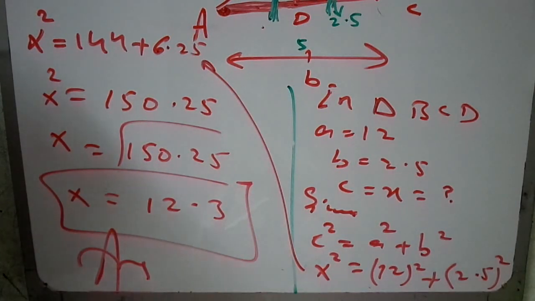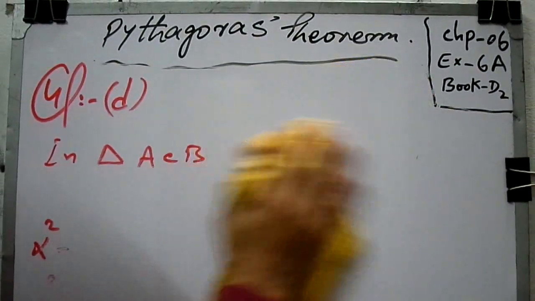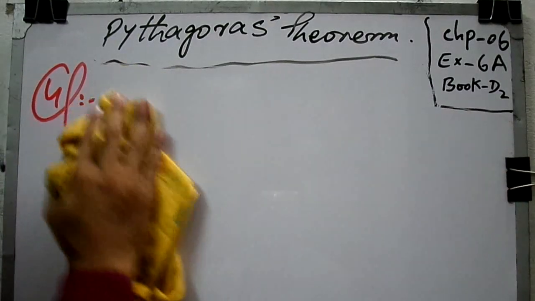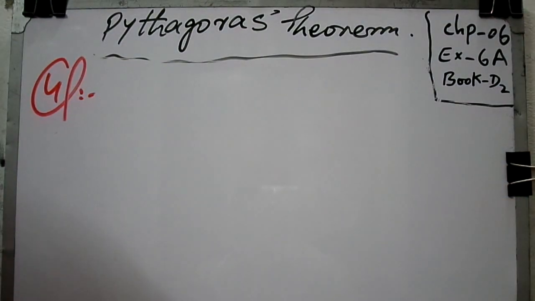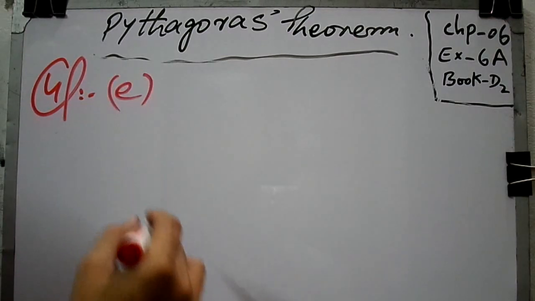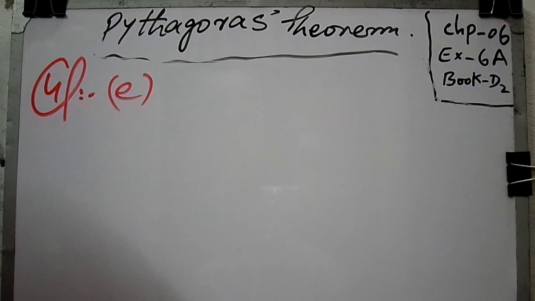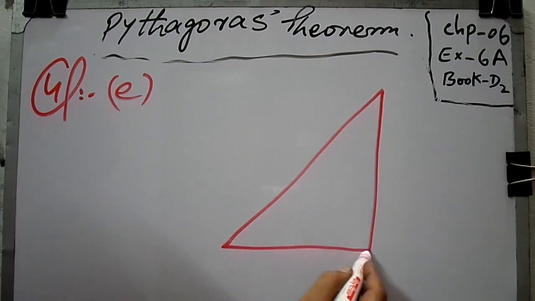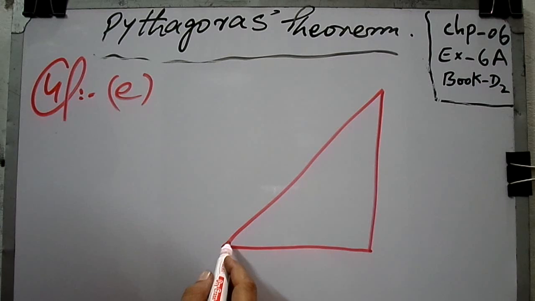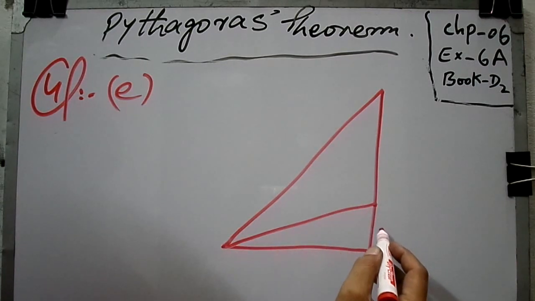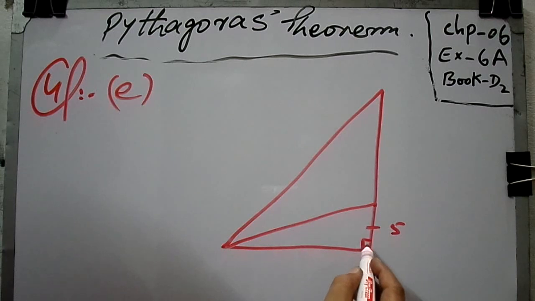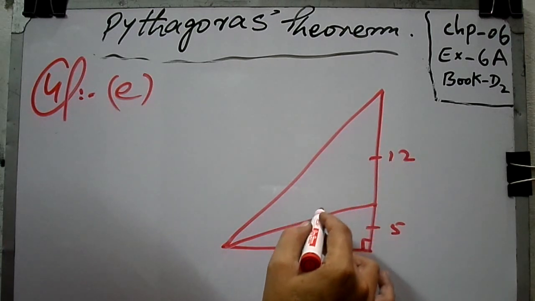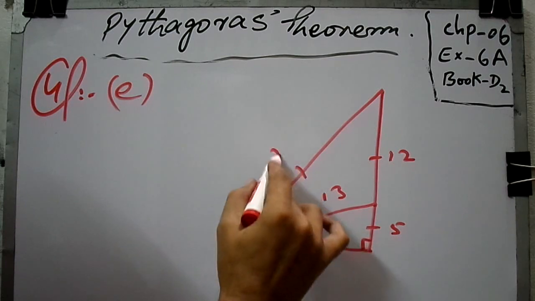Now coming to the E part. In the E part, in your textbook, a diagram is given to you. So this portion is 5, that is your 90, and this portion is 12, and that is your 13, and we have to find this portion.